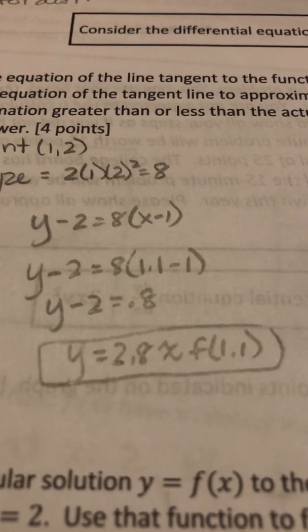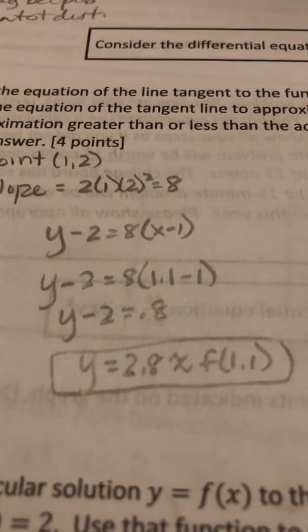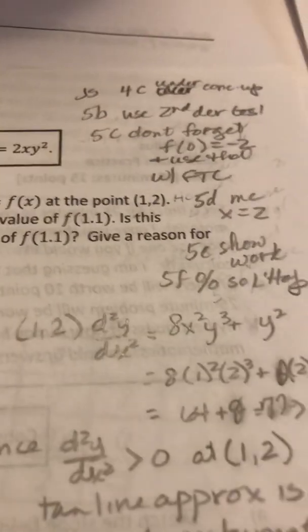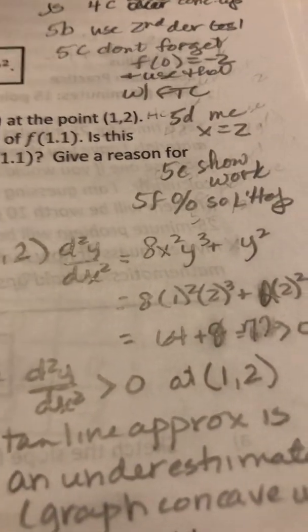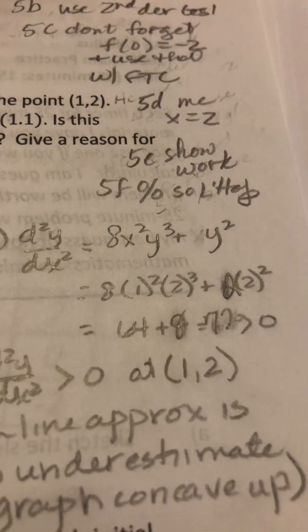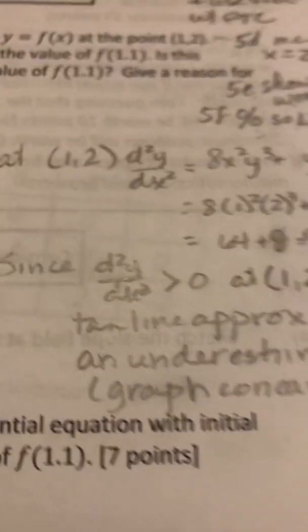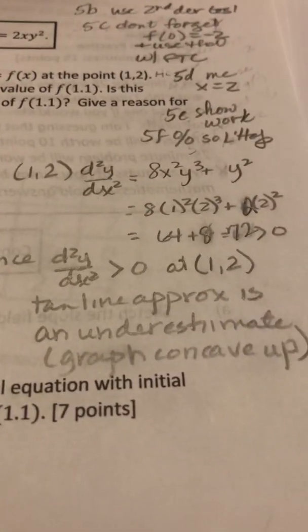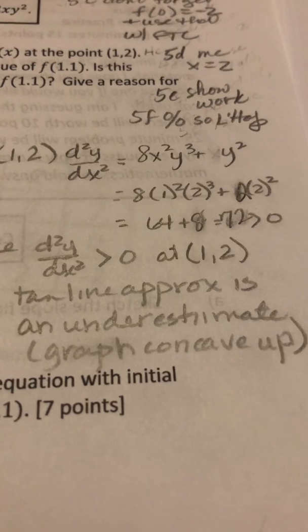Please include that because it is an approximation. We want to know if this is an over or under approximation, so we have to look at the second derivative, which we got in part B, at the point (1, 2). So we sub in our values and we see that our second derivative is positive. Since the second derivative is positive, the tangent line is an underestimate because the graph is concave up.